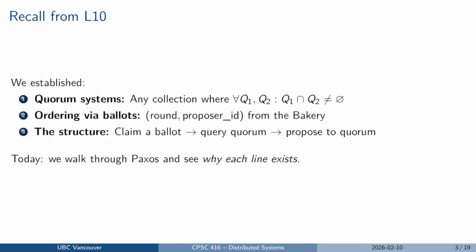And the reason that works is because you don't have to have agreement from everyone. You just have to have enough agreement that any other quorum intersects. So that means that your proposal is a write. You're mutating the database. Your quorum on the other side of that is a read.